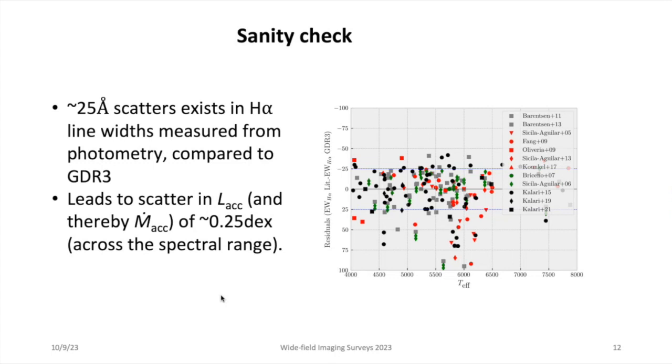And the values shown in gray and black are from photometry from WFIS and IFIS, and the red and the green ones are from different spectroscopic sources. I think the difference is fiber and slit spectra. So the difference is around 25 Angstroms in scatter in H alpha equivalent width, but it's very similar for either spectroscopy or photometry.